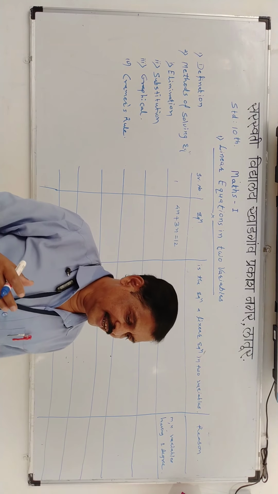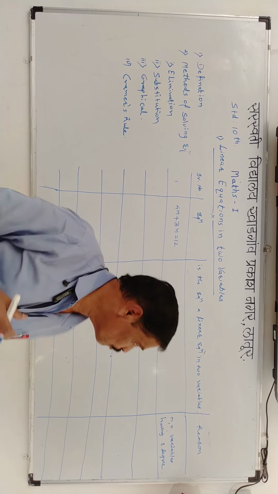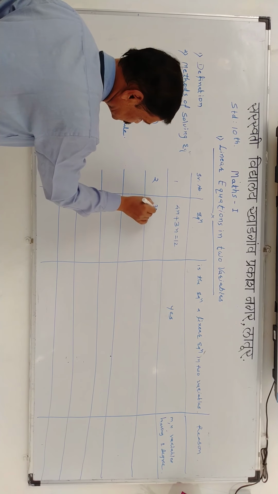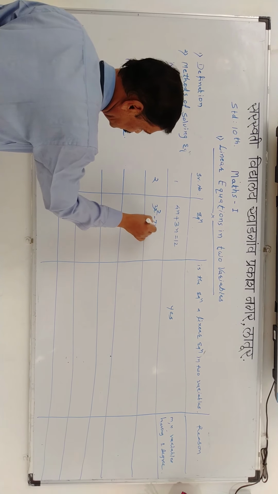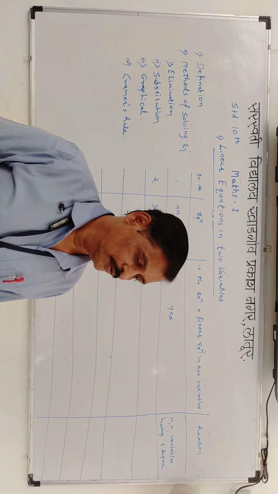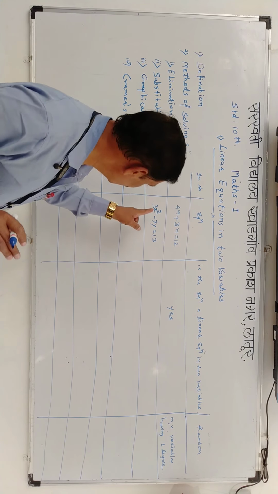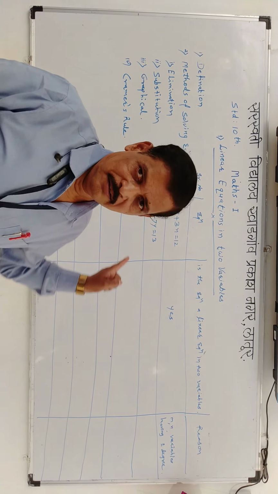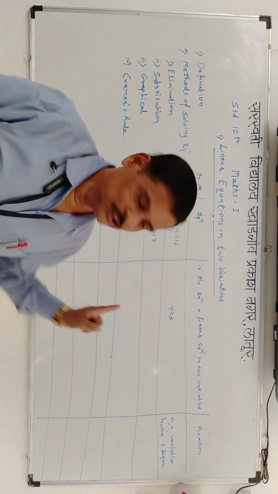Another, second: 3x square minus 7y is equal to 13. Is it a linear equation in two variables? Now the two variables are there, but the degree of x is 2.